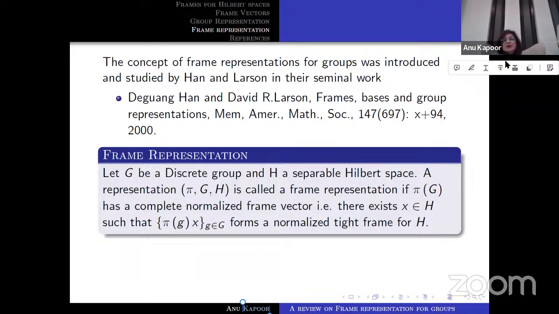What do we mean by this? There exists some x belonging to H such that {π(g)x : g belonging to G} forms a normalized tight frame for H. So we can see x is fixed.